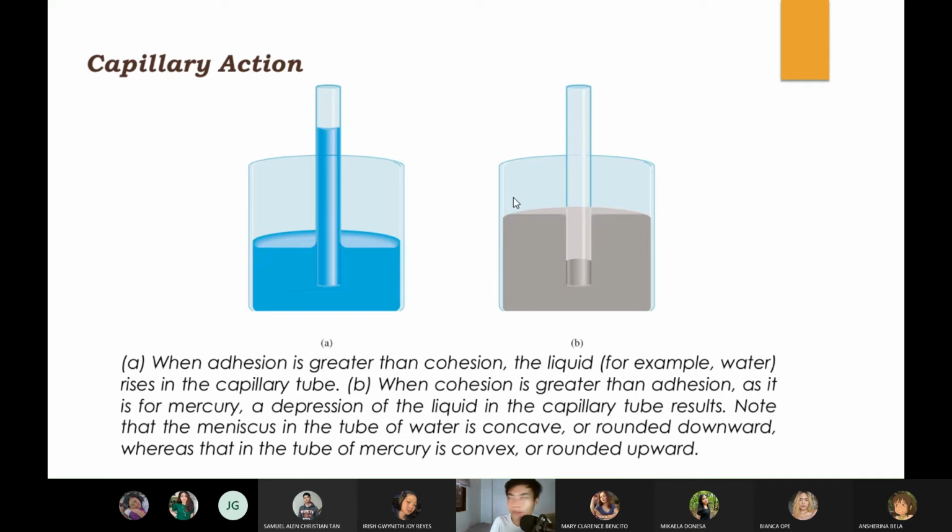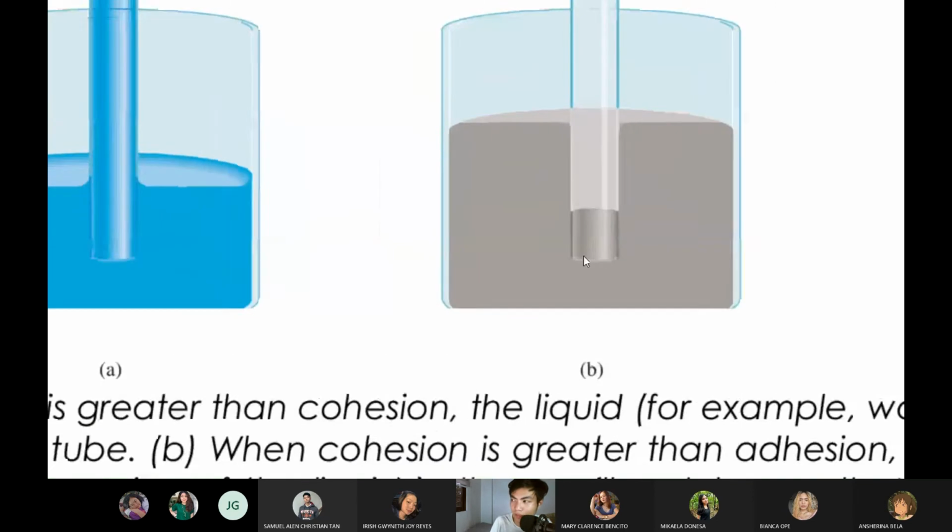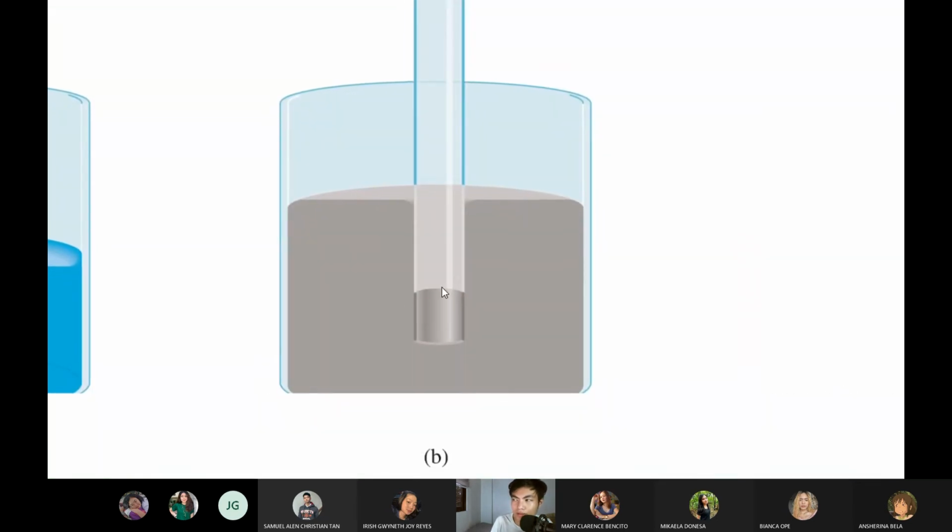Example, yung mercury metal. Ano yung meron sa mercury metal? Sa lumang thermometer, mapansin mo yung dulo nun ay curved. Ganito yung curve niya. That is because of the cohesion. Ayaw niya kasi kumabit sa glass. Kaya nagbabulge outward siya.